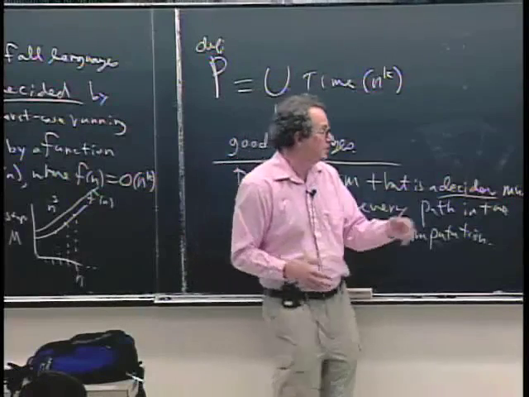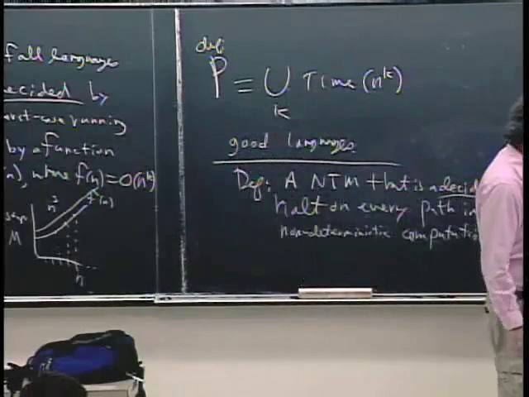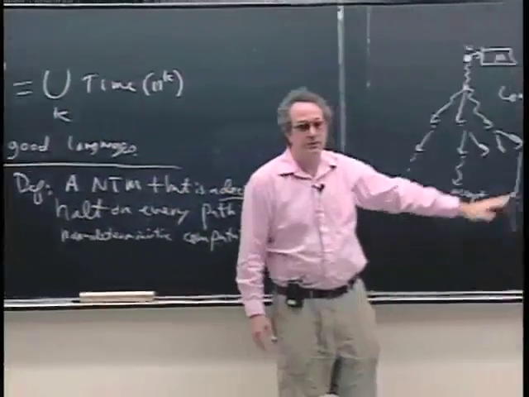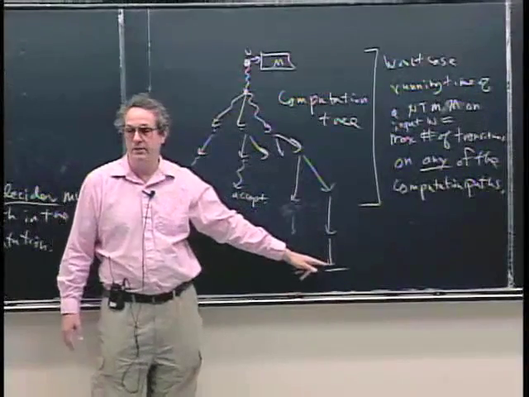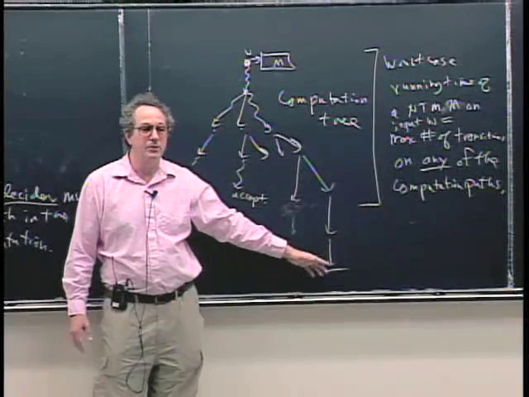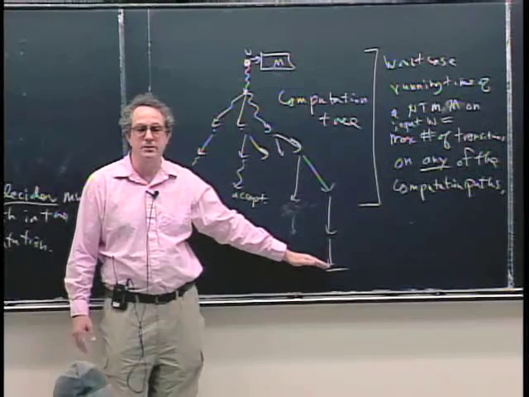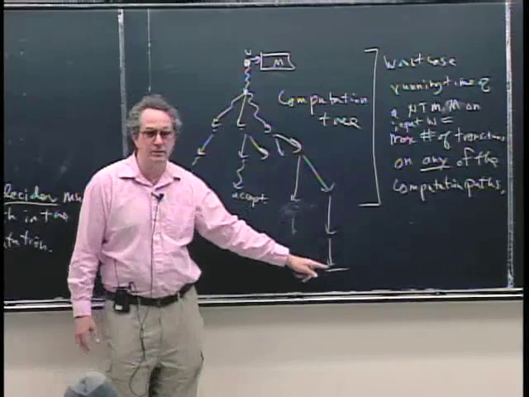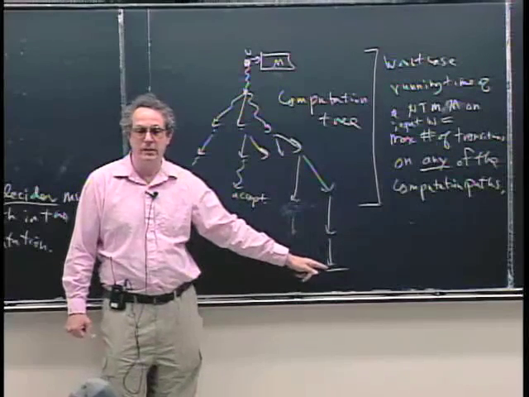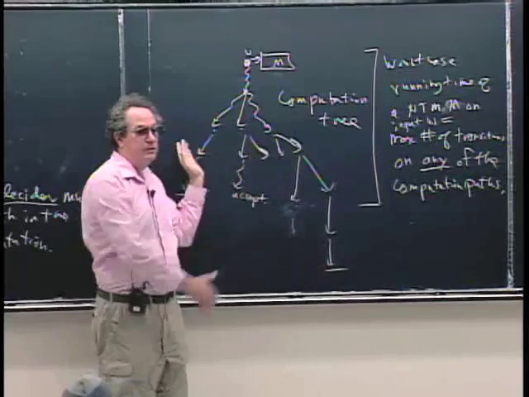The total size of the tree can be enormous, exponential in size in terms of the length of the longest path. We only measure the total time that this computation takes by the length of the longest path, okay, and not by the total size of the tree.